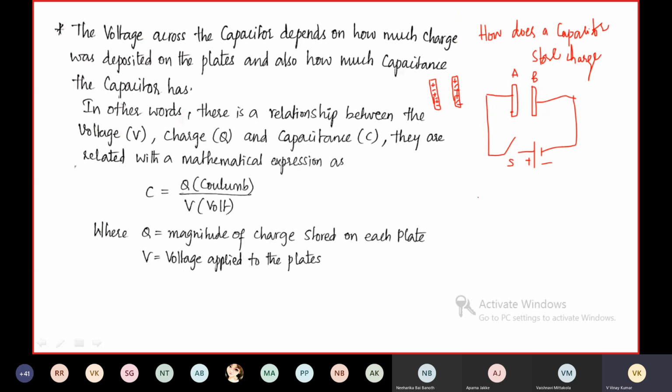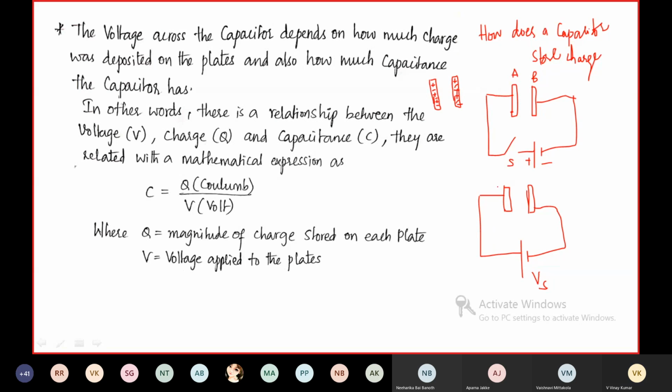Now let me close the switch. After closing the switch, what will happen? Let V be the voltage applied across this.